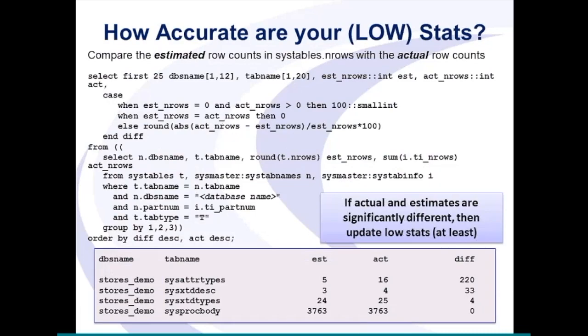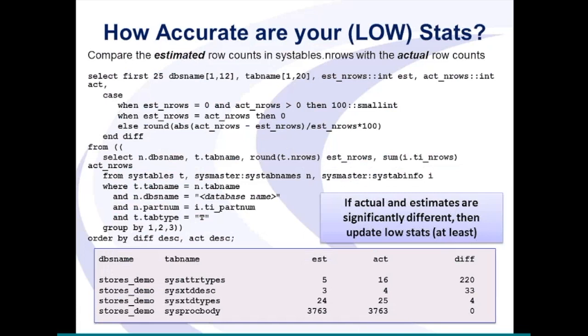So this query, obviously when this presentation is posted, you can take a closer look at. But here we're checking the estimated number of rows in a table by looking at the systables nrows within the database for a table and comparing that against the real-time count of rows in the table obtained from systabinfo.